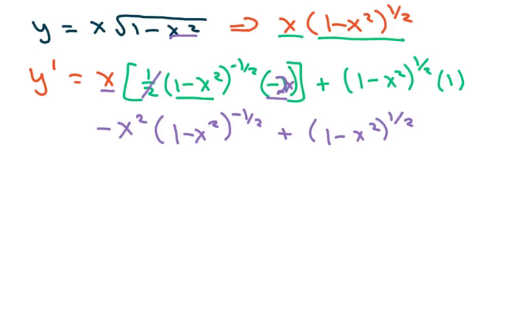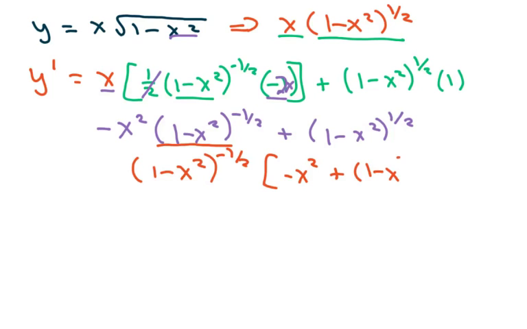Alright, and then grouping everything together, we're going to have 1 minus x squared to the negative 1/2, which is this one, times negative x squared plus 1 minus x squared.